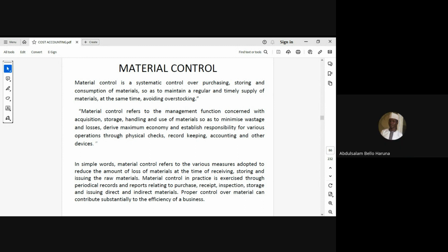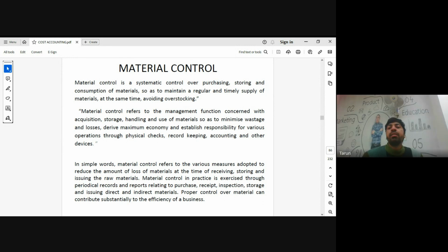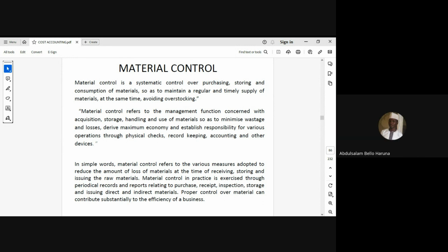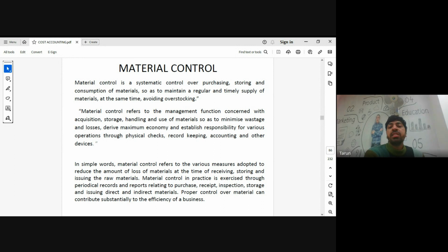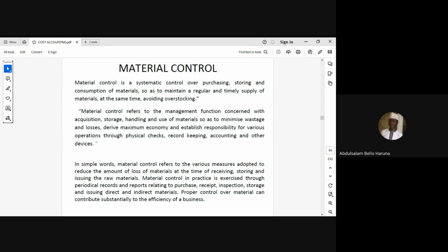Yes, I revised it. We have discussed costs and cost accounting. Okay, great. Just wait for 2 or 3 minutes more for more participants. If somebody comes in, then I will start the session. Okay, sir, no problem.